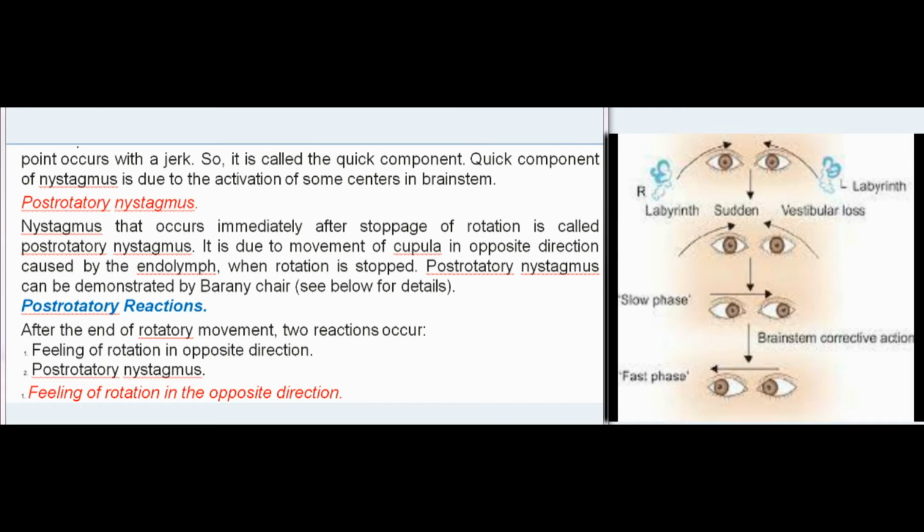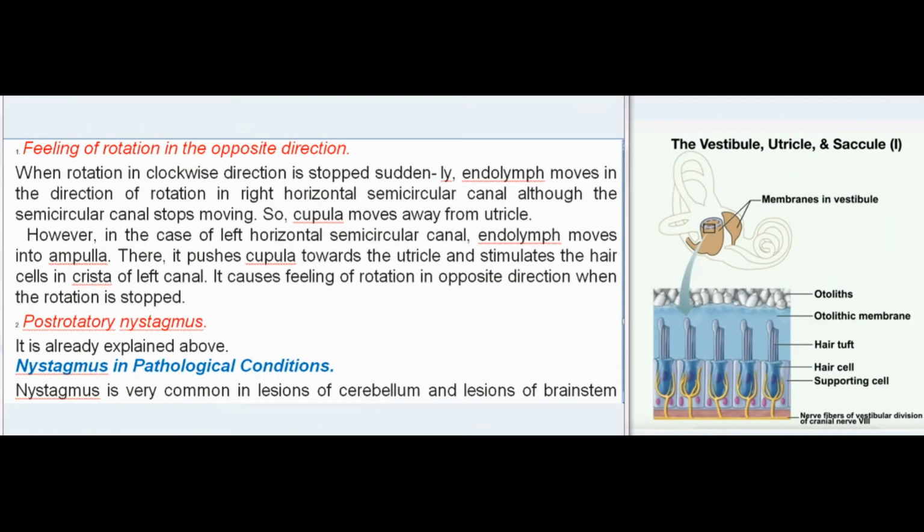Post-rotatory reactions. After the end of rotatory movement, two reactions occur: feeling of rotation in opposite direction and post-rotatory nystagmus. Feeling of rotation in the opposite direction: when rotation in clockwise direction is stopped suddenly, endolymph moves in the direction of rotation in right horizontal semicircular canal, although the semicircular canal stops moving.